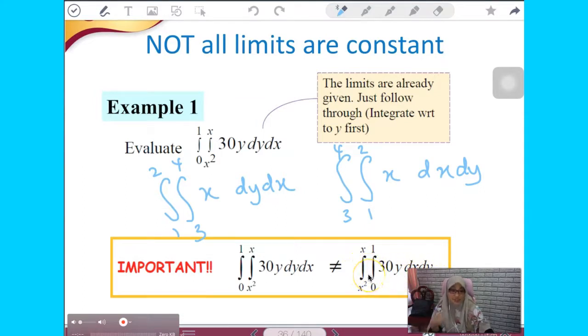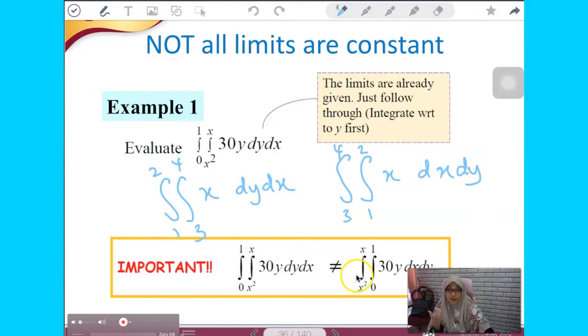So your answer is incorrect, meaning the answer you obtain from this is not the same as the left one. The left one gives you a number, but the right one gives you an expression. So you cannot just swap the location. Please keep in mind, this is a very important thing.